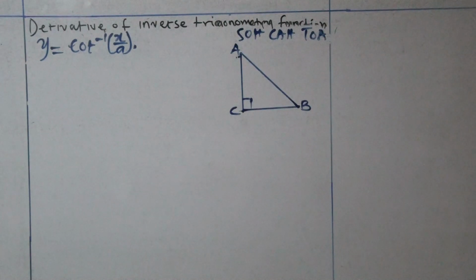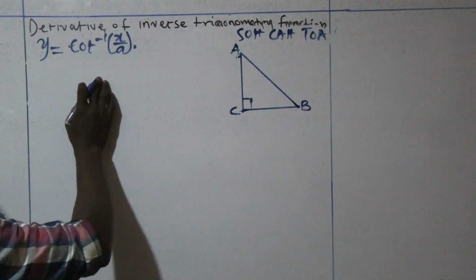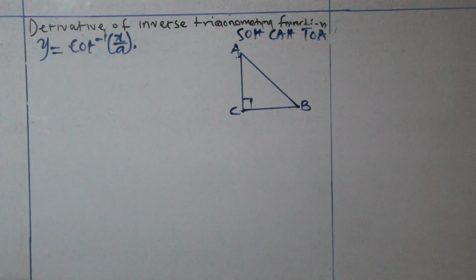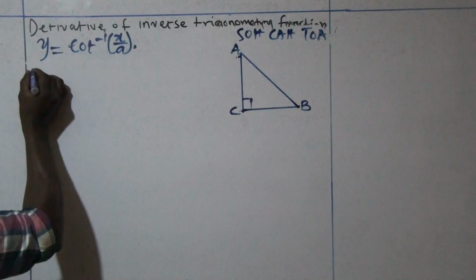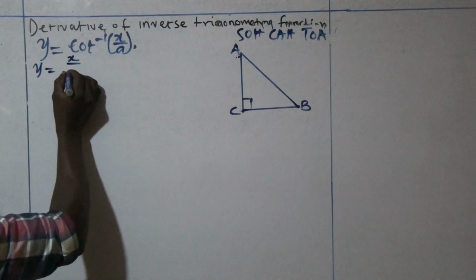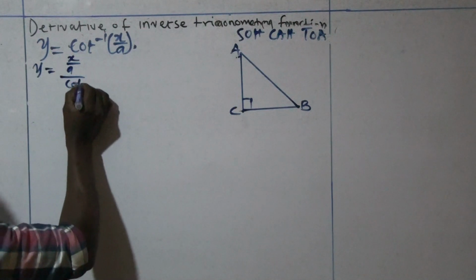The first thing to do, because of the inverse function, is to express x as a function of cot y. This can be written as x over a all over cot.